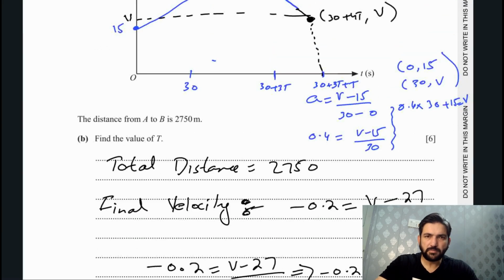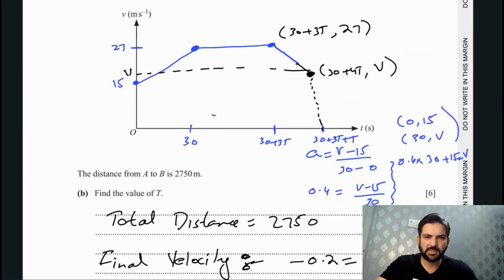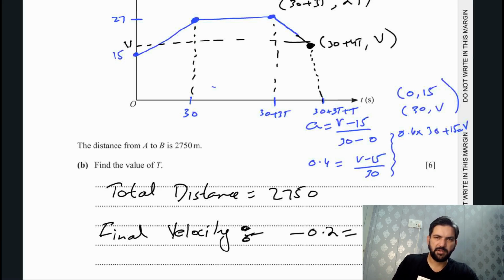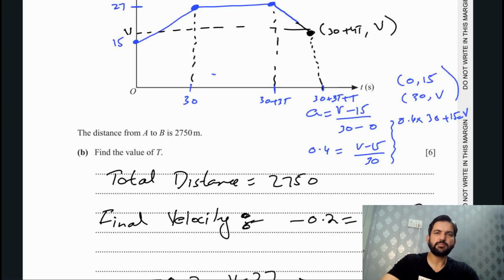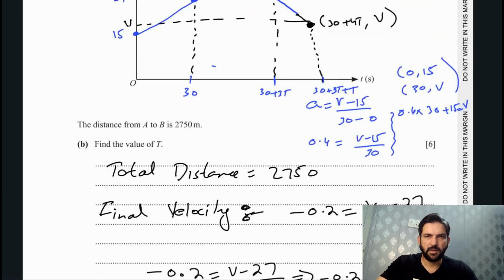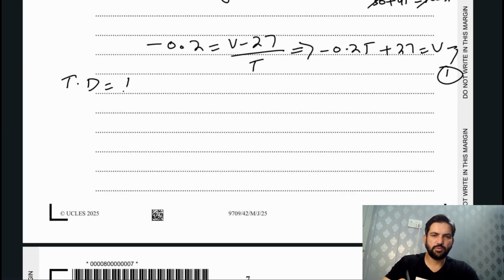Now let's see that the total distance is 2750. How can we find the total distance for the first part? For the first part, this one is a trapezium. So for a trapezium, the total distance is 1 by 2 times the sum of the parallel sides.